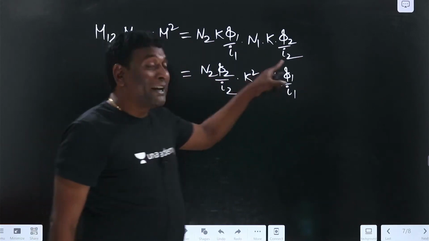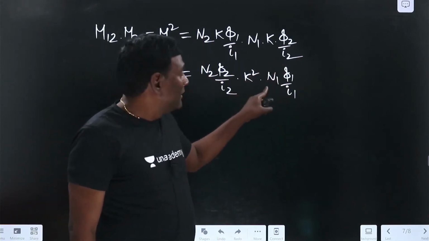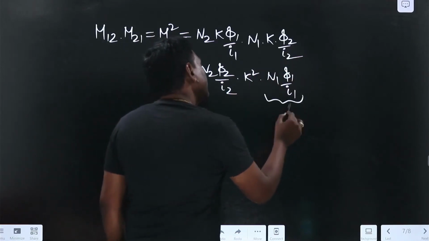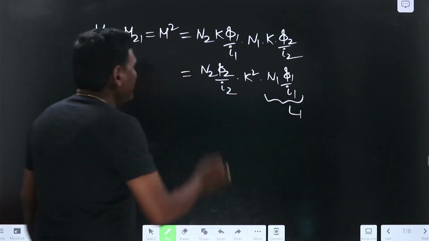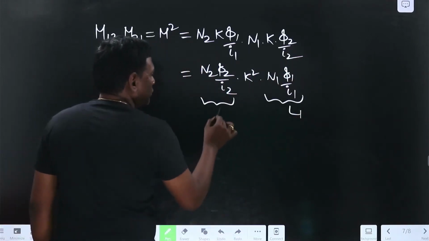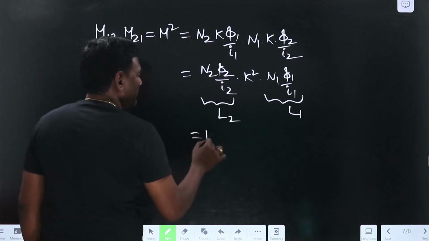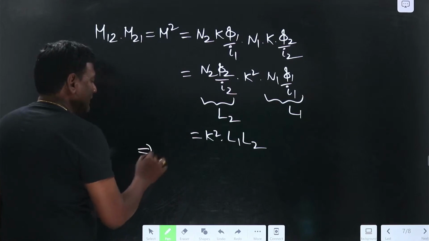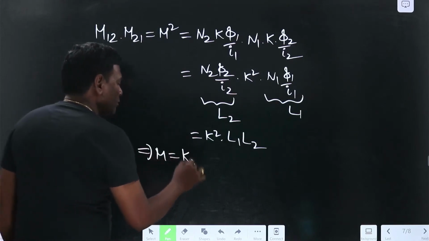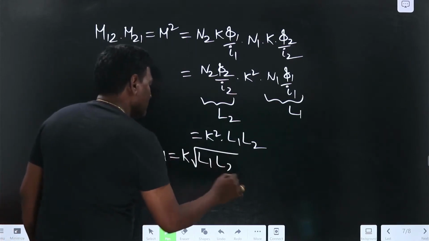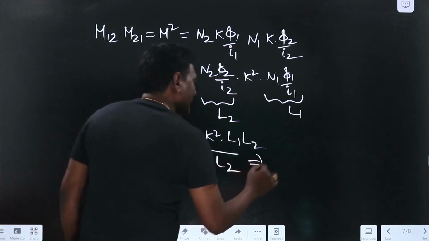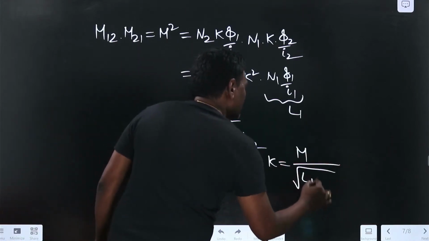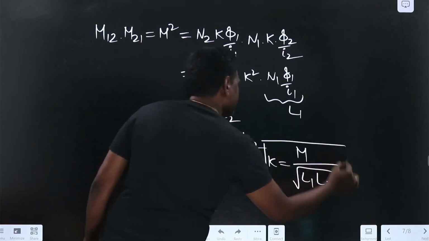Now N1 phi 1 by I1, or N1 d phi 1 by di1, is going to be L1, and N2 phi 2 by I2 is going to be L2. So this is k squared into L1 L2. Or we can say mutual inductance M equals k into the square root of L1 L2, or we can write k equals M by the square root of L1 L2.